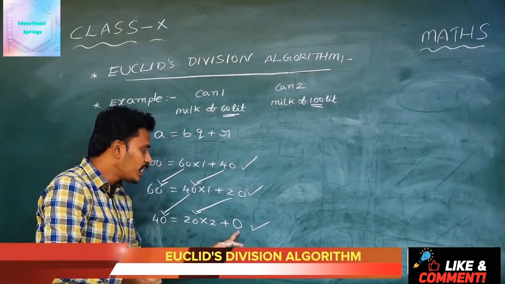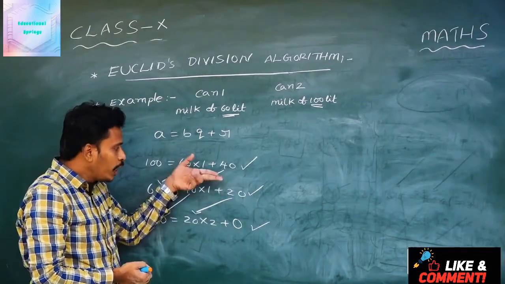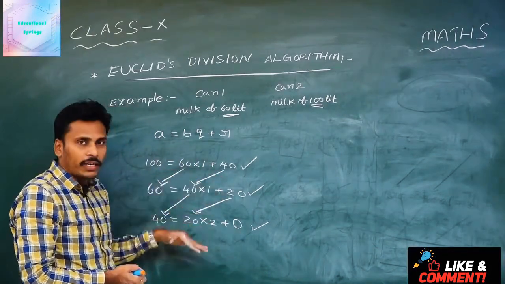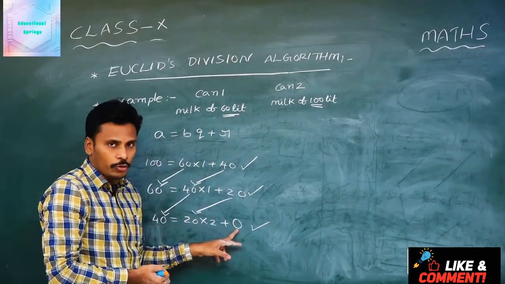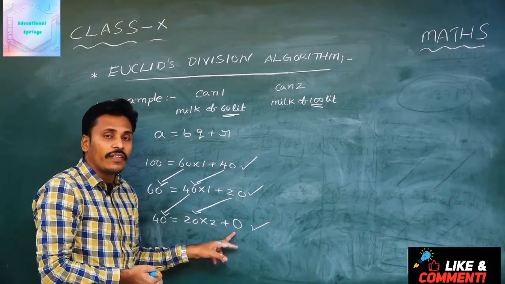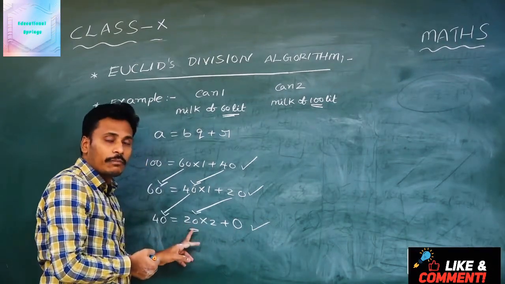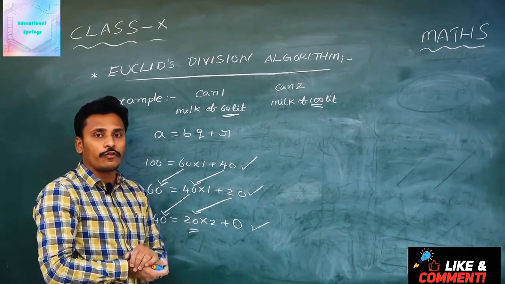At the end, since the remainder is 0, we need to proceed like this. We need to represent every pair of numbers in such a manner until we get a remainder of 0. If the value of R is 0, then the divisor number, this 20, is the HCF of those two numbers.